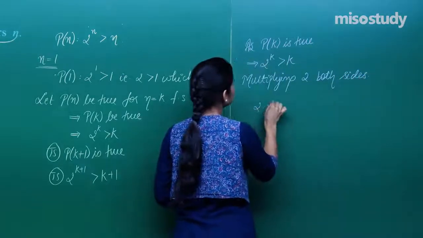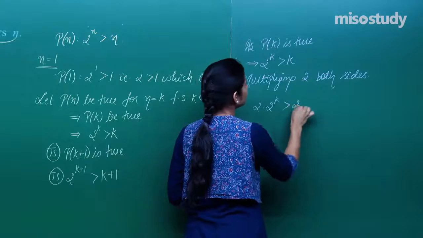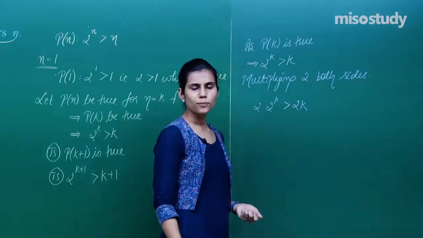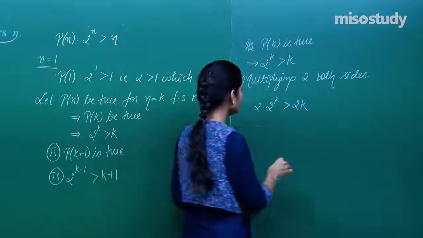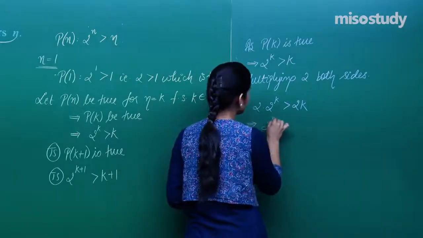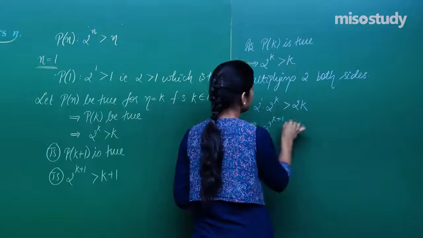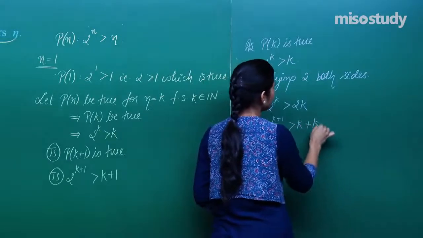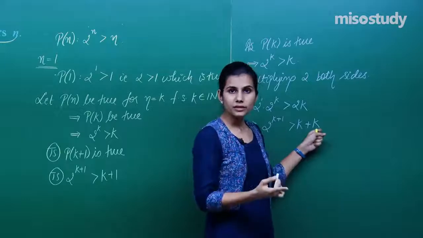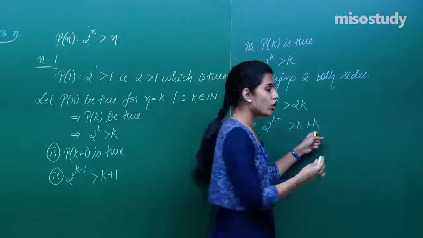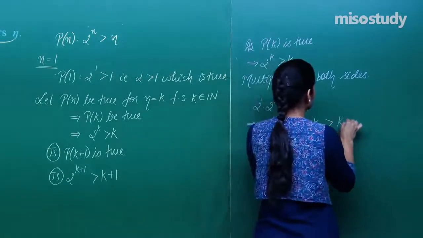You get 2 into 2 to the power k is greater than 2k. 2 is a positive number. When you multiply on both sides of the inequality, the inequality doesn't change. This means 2 to the power k plus 1, because this is 1, is greater than k plus k. But k is a natural number. k is always greater than or equal to 1.